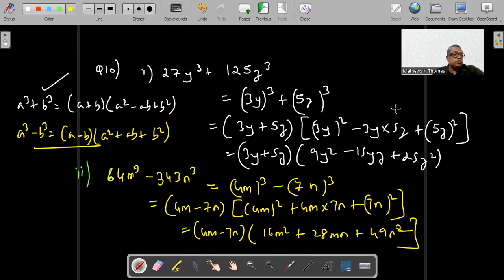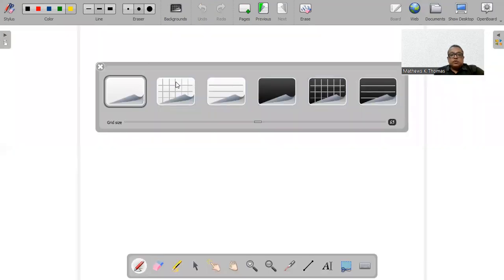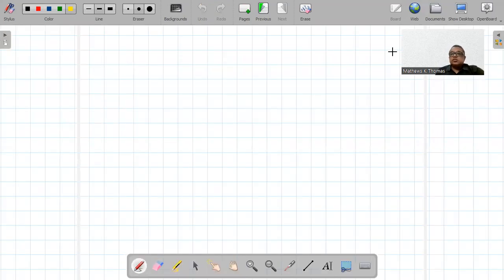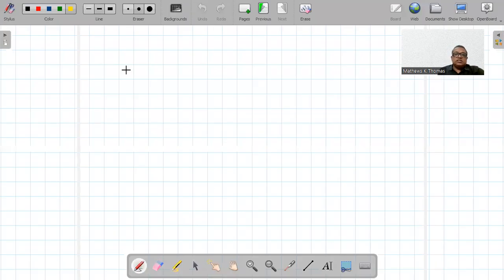I hope you have understood this, how to apply a cube plus b cube and a cube minus b cube. Okay, so we go to the next, that is question number 11, factorize. Now, this is another identity. Please note down this identity. A cube plus b cube plus c cube minus 3abc.